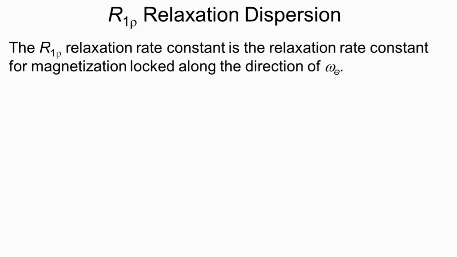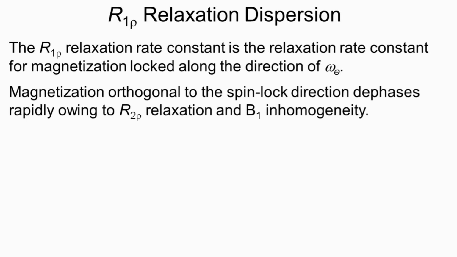So once again, R1 rho is the relaxation rate constant for magnetization along the direction of omega e. Now, magnetization orthogonal to that axis decays away rapidly. The relaxation rate constant for magnetization orthogonal to the I prime z axis is called R2 rho, and that tends to be much larger than R1 rho.